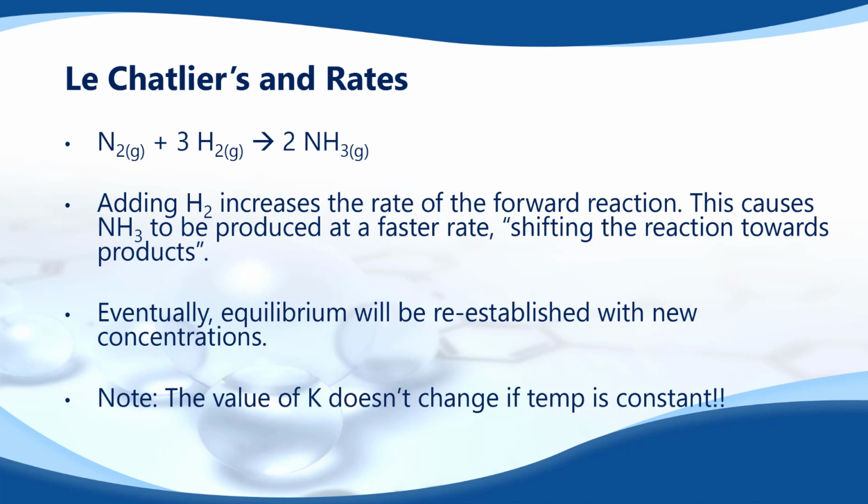Eventually, the forward reaction will slow down while the reverse reaction speeds up, and we'll establish a new equilibrium, which is going to have more product than it did to begin with. So there will be new concentrations. If the temperature of the process remains the same, the value of K will always remain the same. The concentrations will just readjust to keep that same ratio.